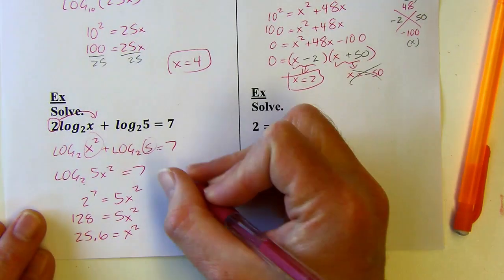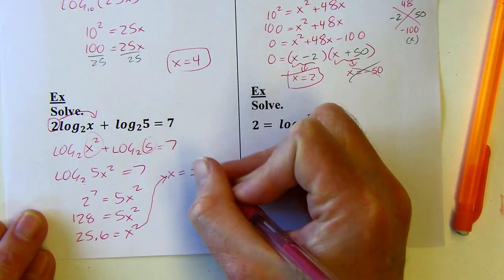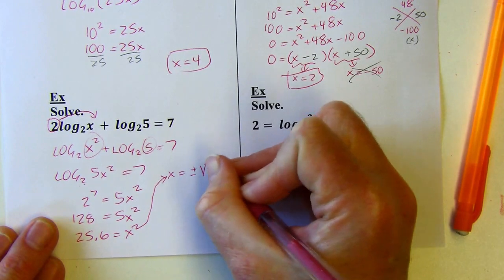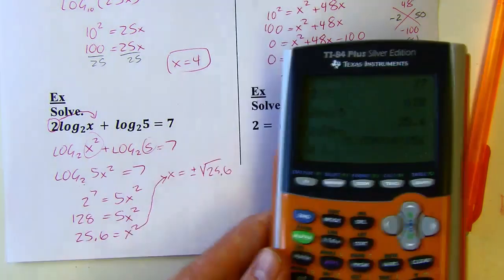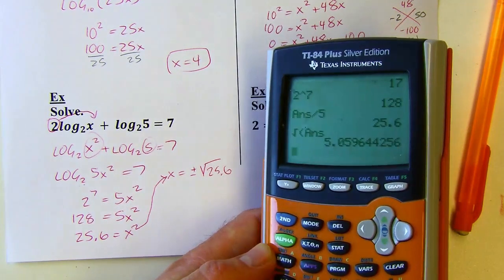Now I take the square root of both sides, and don't forget when you do that, you should be taking the positive and negative square root of 25.6. Use my calculator for that. And it's going to give me a long decimal. I'm going to round this to the nearest hundredth, so I'll call that 5.06.